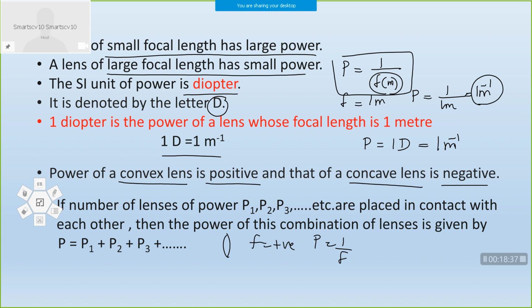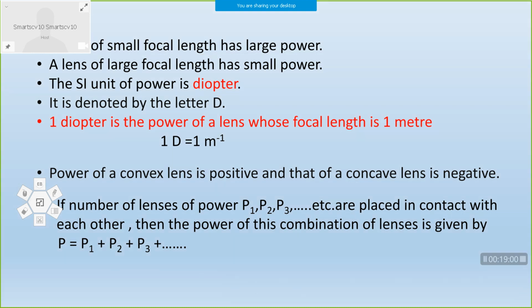So since the focal length of a convex lens is positive, its power is also positive. Since the focal length of a concave lens is negative, power is also negative. Okay, children, so power of a convex lens is positive, and for a concave lens it is negative.